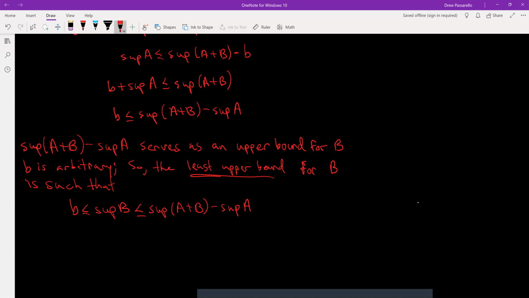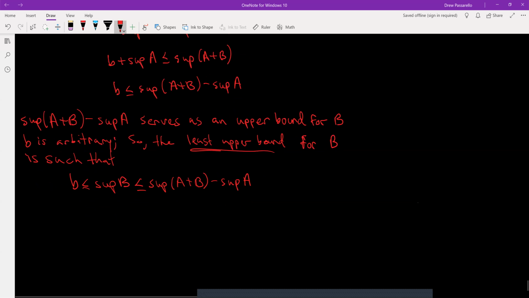And so then what can we get? So we can add sup of A. So we'll clean it up a little bit.